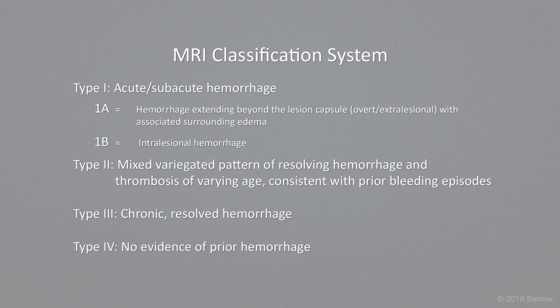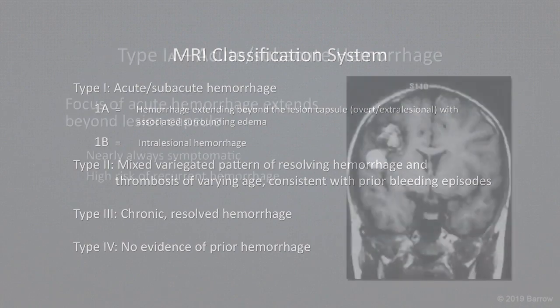Type 2 lesions have a mixed imaging quality, which is indicative of resolving hemorrhages of various ages, and this is consistent with prior episodes of bleeding. Type 3 lesions are those with a chronic hemorrhage pattern with a resolving hemorrhage, and type 4 are those lesions that have no evidence of prior hemorrhage at all.